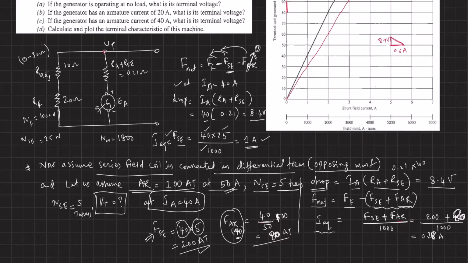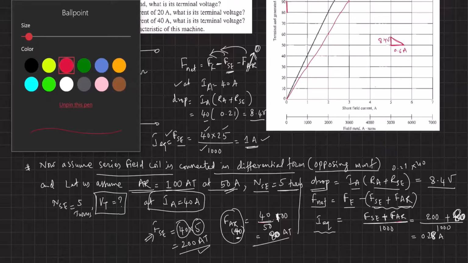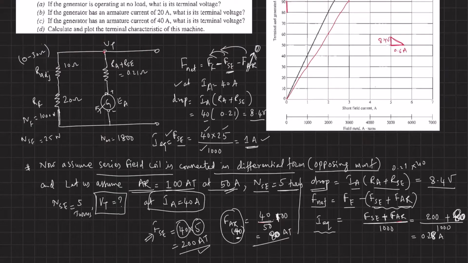So I form a triangle now with 8.4 volts and 0.28 amps. This is 0.28 amps, and join these two to get a triangle. Now this is subtracted because this equivalent current is subtracted. So I have joined in this direction, right?